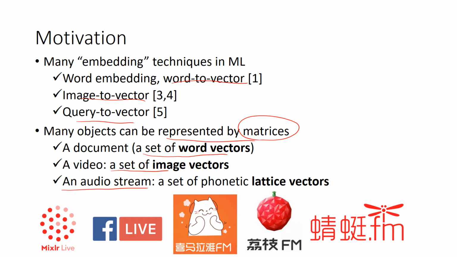There are many applications which can generate these kinds of vectors. For example, audio streaming platforms, including Facebook live streaming, Himalaya, Chinting FM. There are many of these kinds of audio streaming platforms.